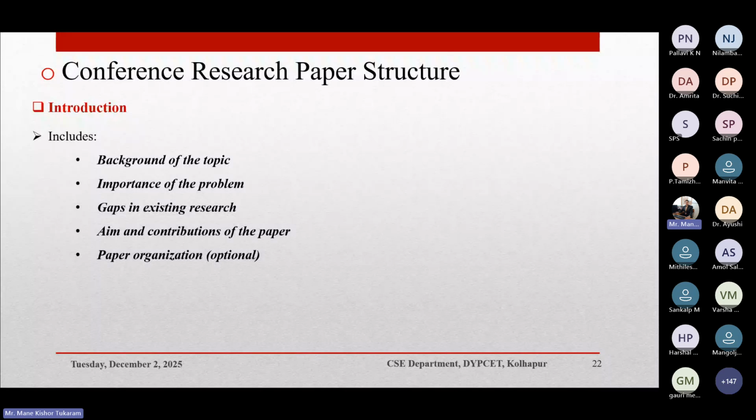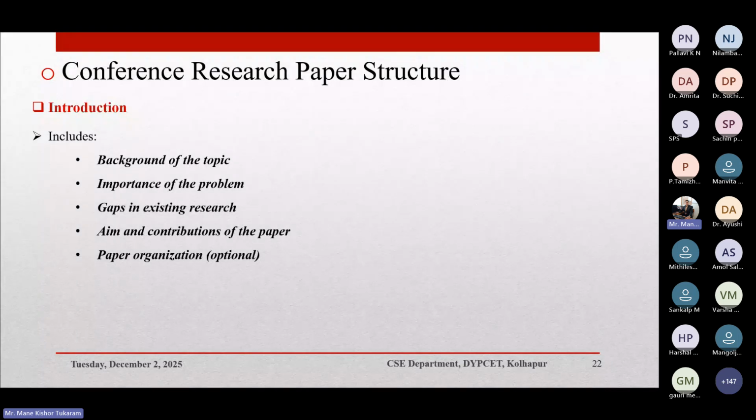First of all, I need to write the information about cloud computing. Then, inside cloud computing, what is the use of load balancing? And after that, we need to give the importance of the problem, that is, what problems are currently being faced in that particular field.